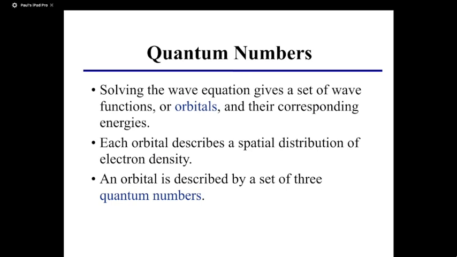We're just going to show you the solutions to Schrodinger's equation. The solution will give us 3 numeric values of possibilities. These are the 3 quantum numbers, of a total of 4, that will describe the location of every electron inside the atom.